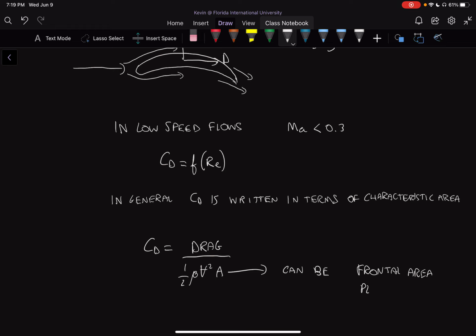It can be the planform area, which is the area that we were calculating, for example, for the flat plate, which was B times L, or it can be the wetted area. Okay, and we'll go one by one to explain which one is which and which one is used for what.